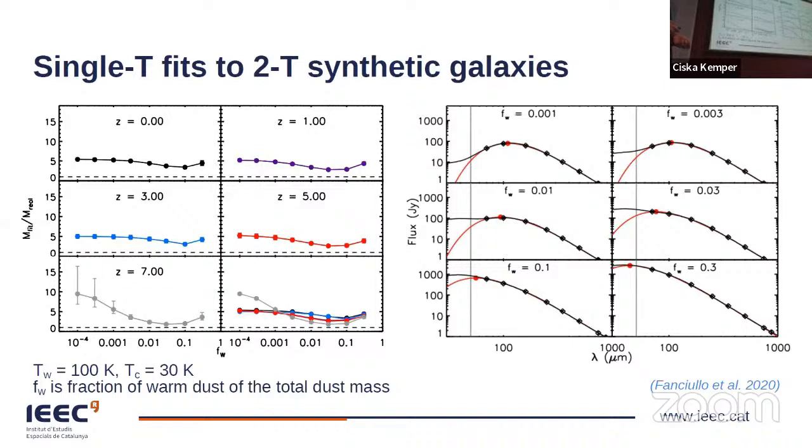And then you get these black curves here. Those are the calculated SEDs. You can work out the synthetic photometry for that. And then we fit, with the red curve, a single temperature component. And from that, we then derive the masses again in what is commonly used.